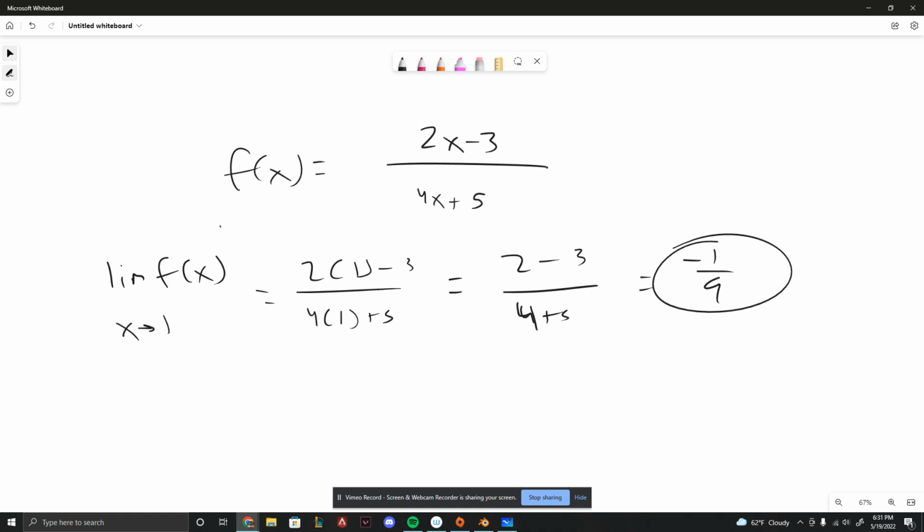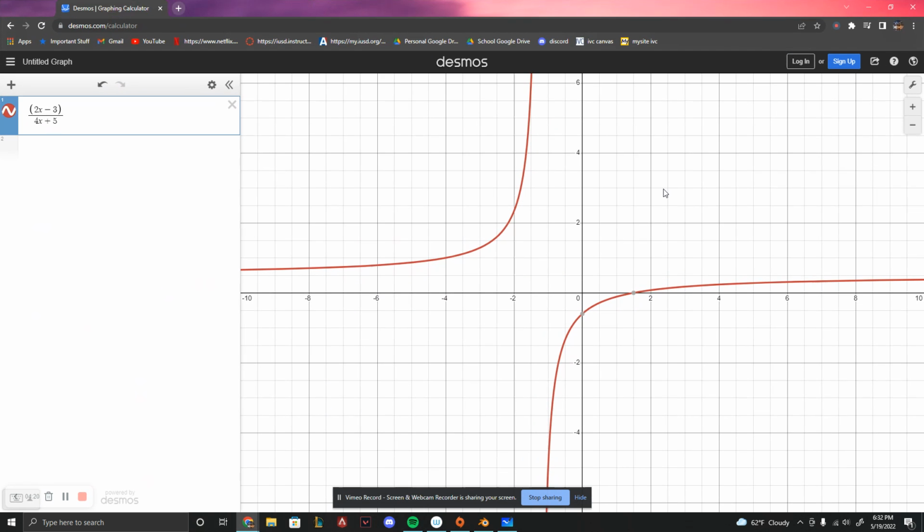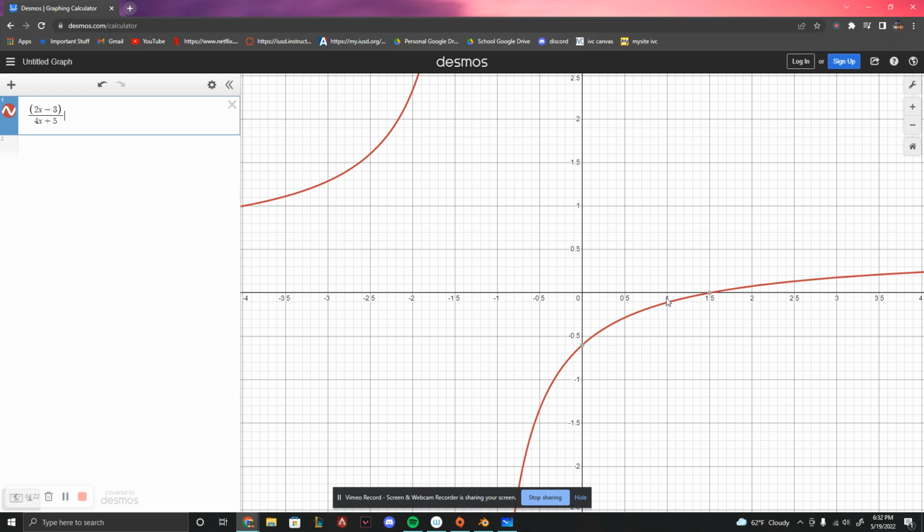If we look at what x is at 1, at 1 it's right here. This is negative 1/9. So as we approach 1 from the left and from the right, we are going to get very close to negative 1/9.